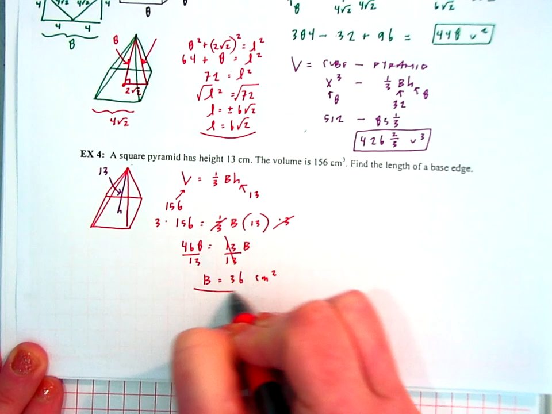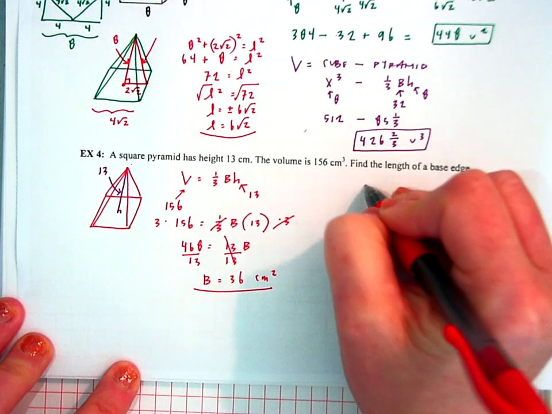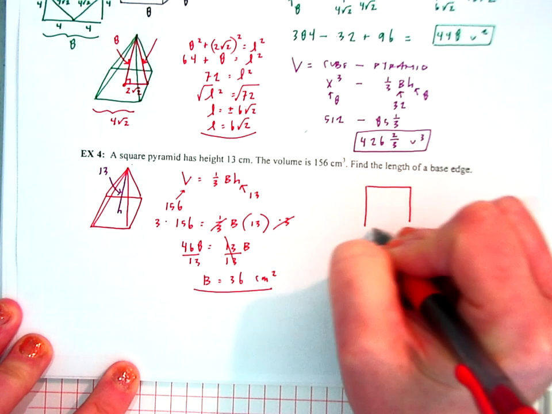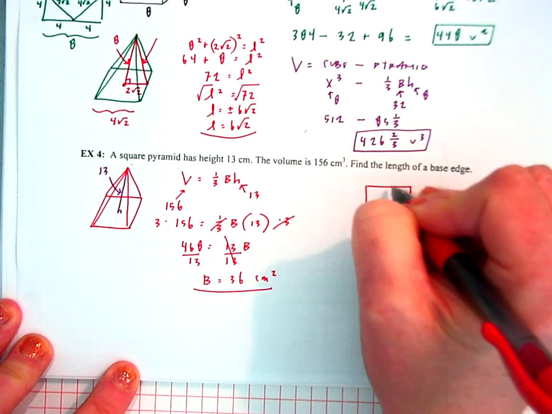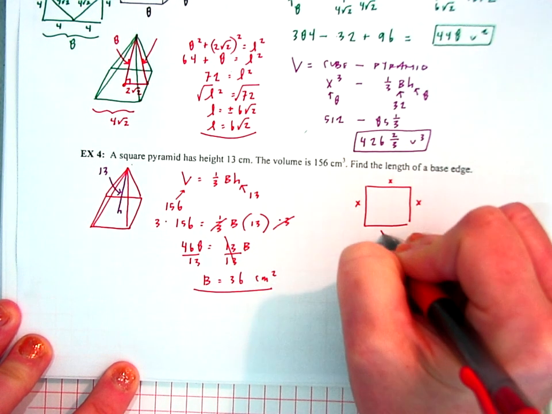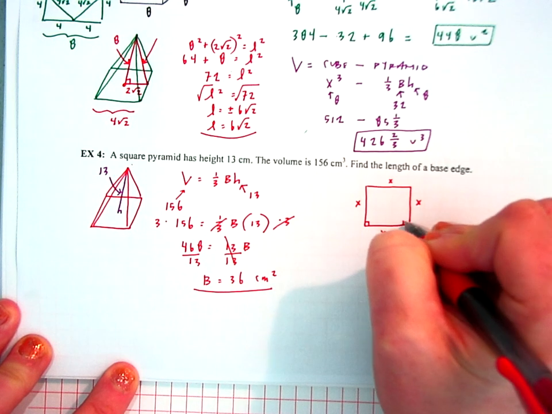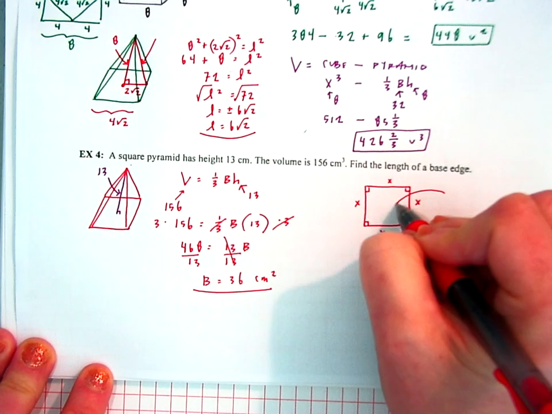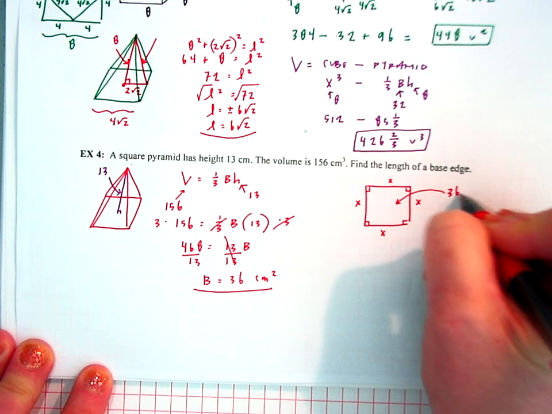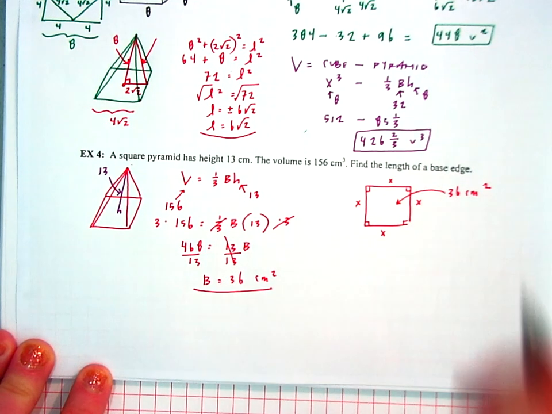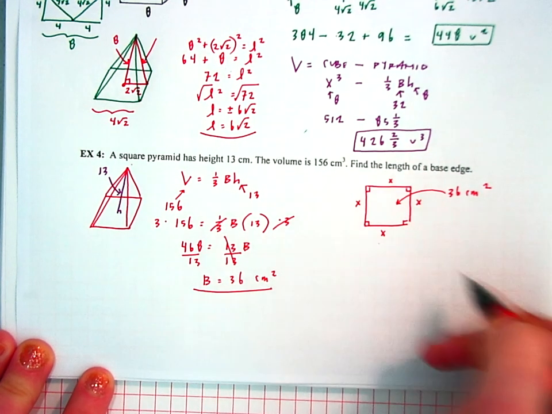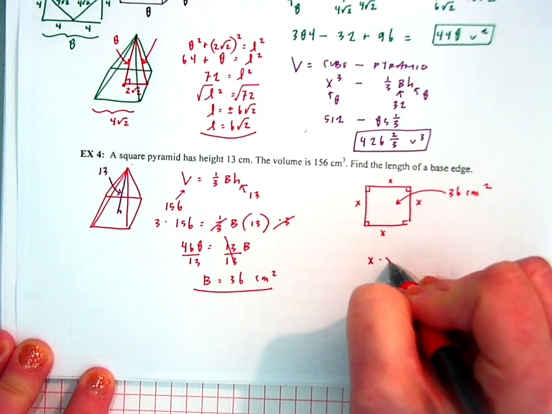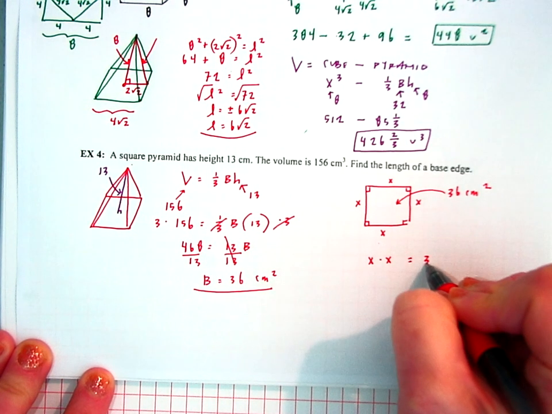There's my base area. So remember that that base shape is a square, so all of the sides have to be the same. All these angles have to be right angles if it's a square. And I know that its area is 36 centimeters squared. So the base times the height, x times x, will equal 36.